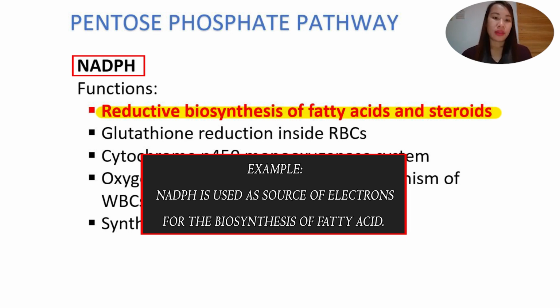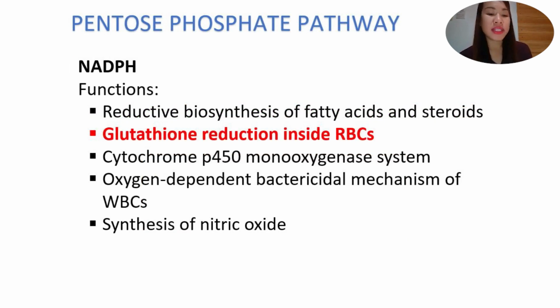Okay. In the next slide, we can see here that it is important for glutathione reduction inside the red blood cells. So why is there a need for glutathione reduction? First we have to discuss the reduction of hydrogen peroxide inside the red blood cells. And why do we need this?